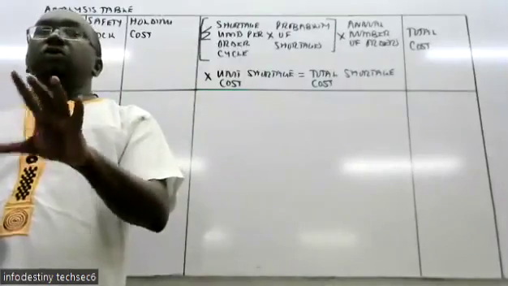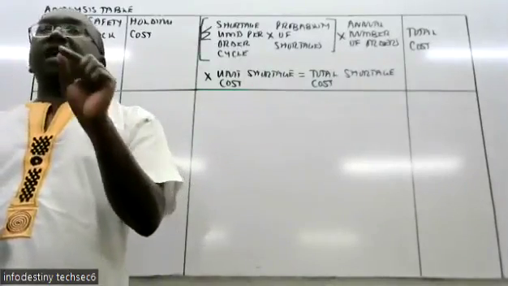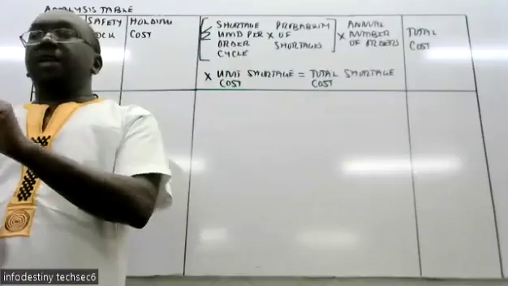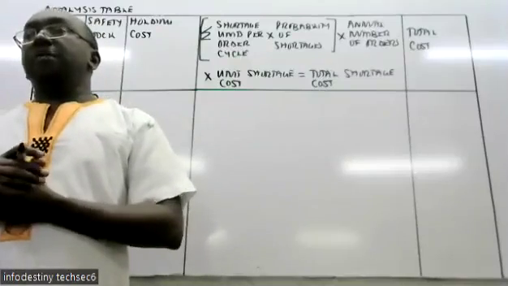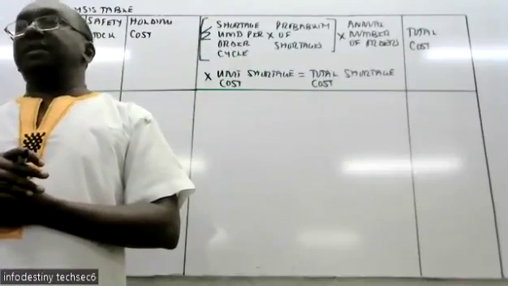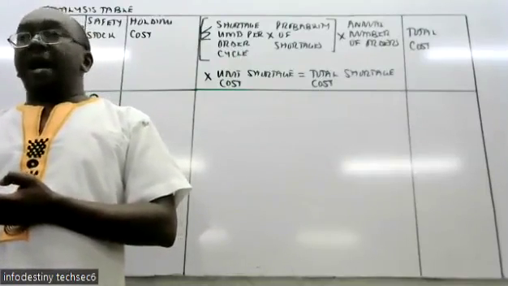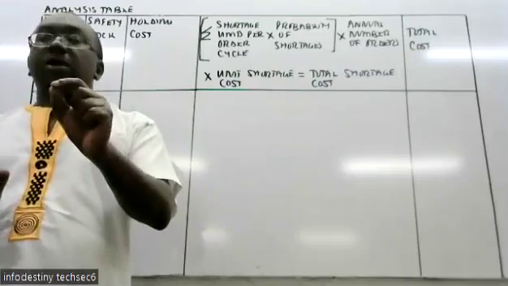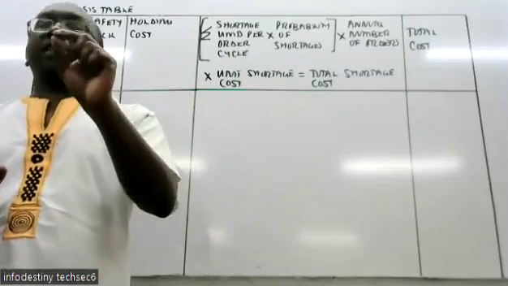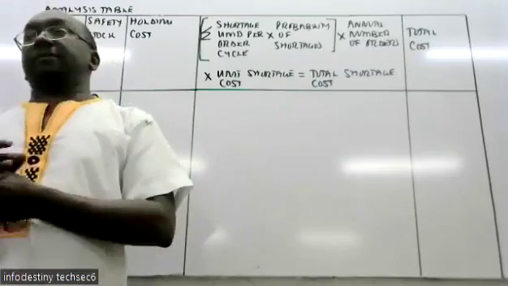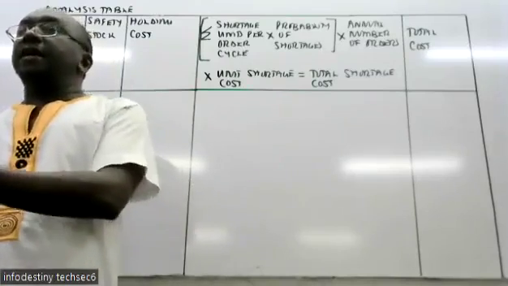Now what you do, you look at how lead time has been defined. If you look at this question, lead time is defined in terms of days, so that tells you to require daily demand. But if you get another question with lead time in terms of weeks, then you require weekly demand.